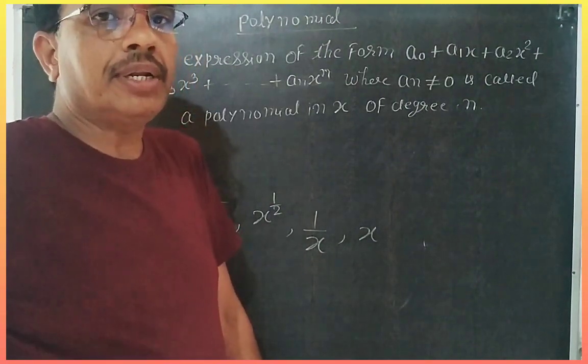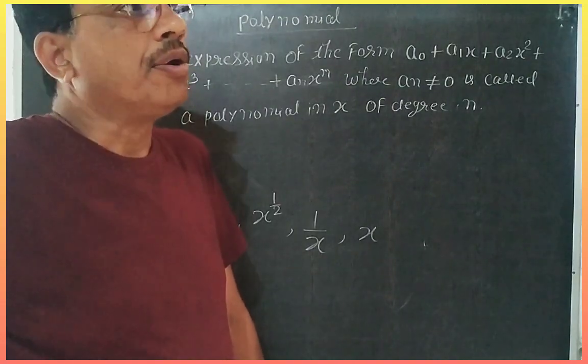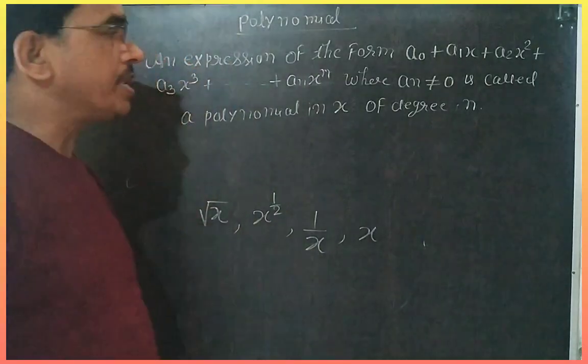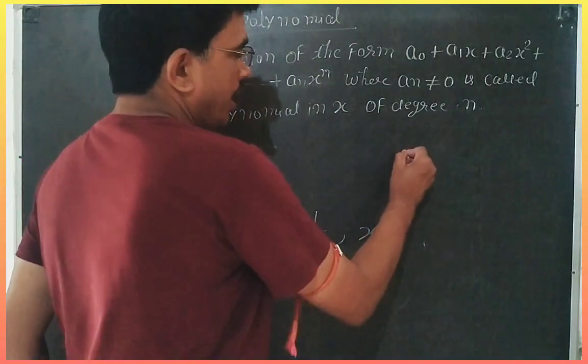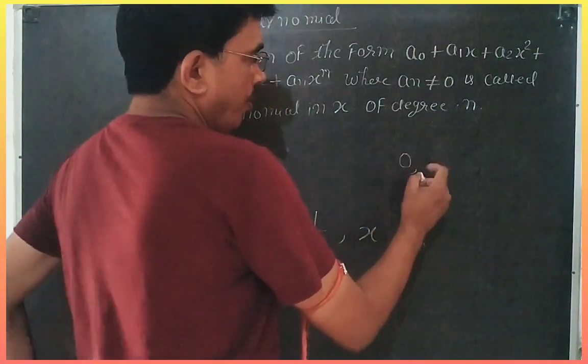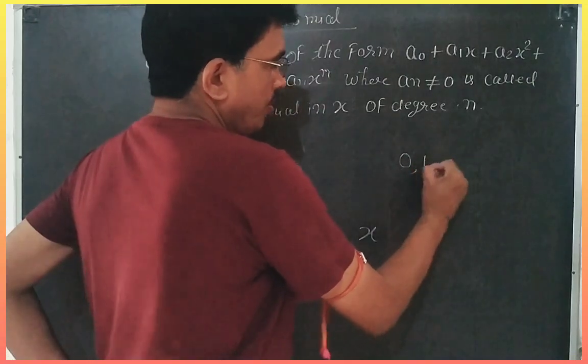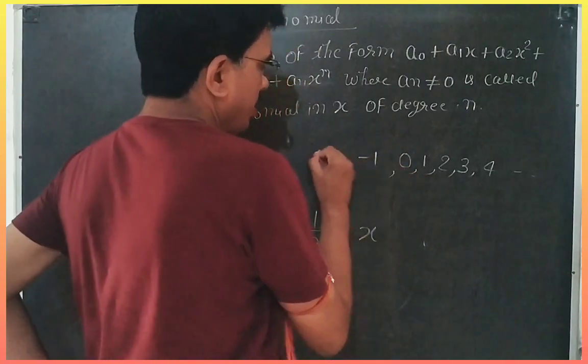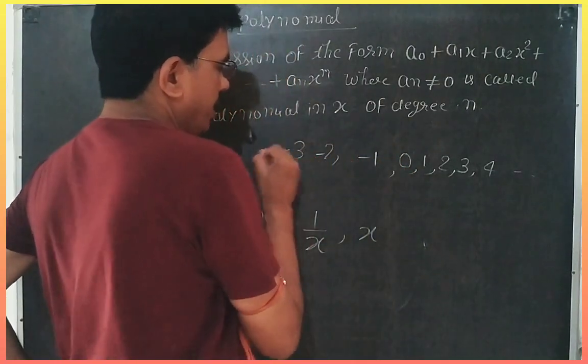A polynomial is an algebraic expression whose degree is a non-negative integer. This is the definition from the junior classes. Integers are the combination of whole numbers with negative values: 0, 1, 2, 3, 4 dot dot, minus 1, minus 2, minus 3 dot dot.